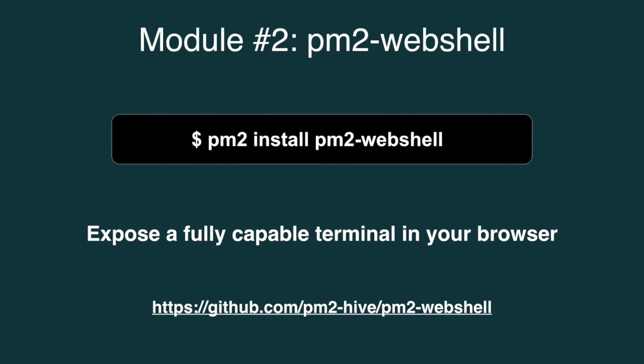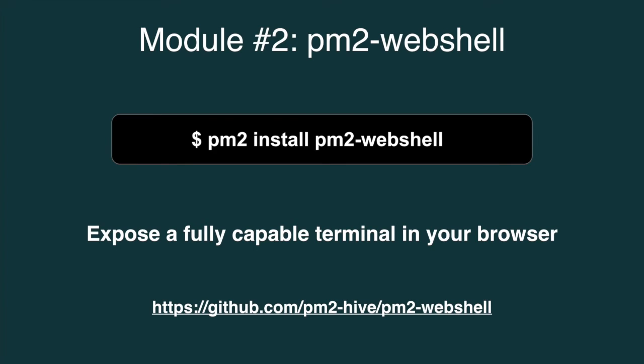After, there is this pm2-web-shell. pm2-web-shell doesn't work on Node.js 4 and 5 because behind the scenes, behind pm2-web-shell, there is tty.js, which is a way to expose a web shell from your browser. So I just made this proof of concept. If you do pm2 install pm2-web-shell, you will have a fully capable terminal in your browser.